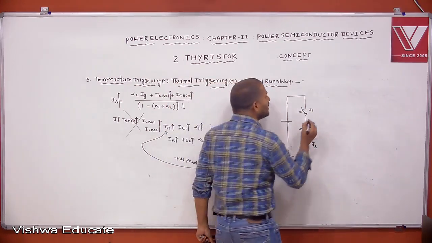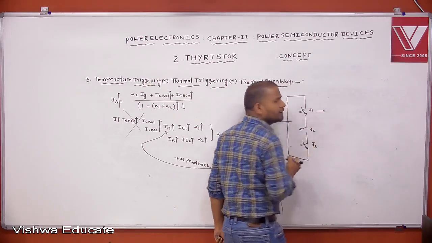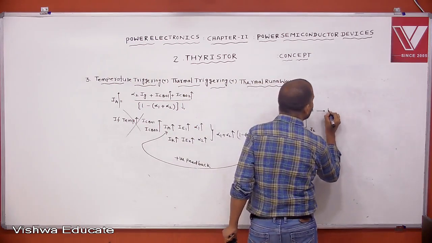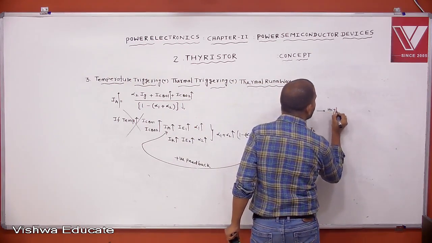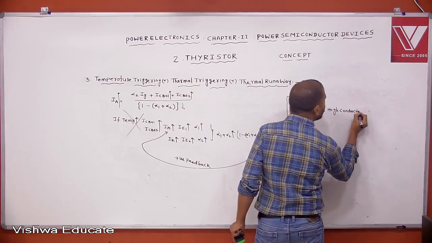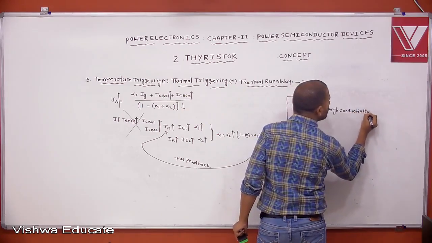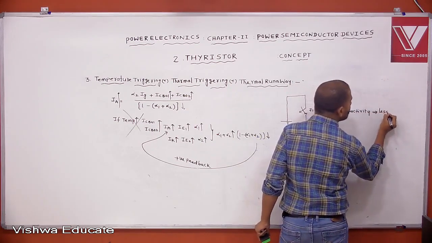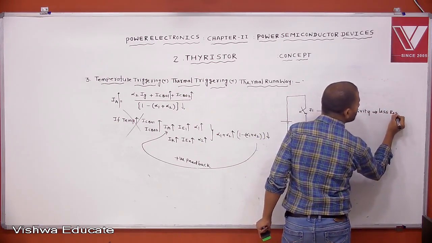J1 is closed, meaning high conductivity, which means less resistivity.